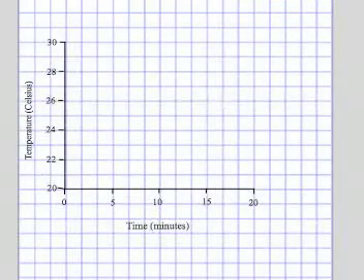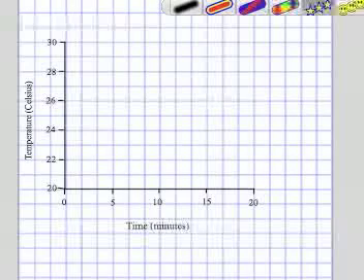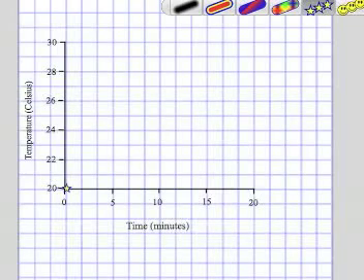I'm going to do so by using these kind of silly stamps up here. I'm actually going to use a star point for each data point that I recorded for water temperature. So if you remember, at 0 minutes, the temperature of our water was 20 degrees Celsius.